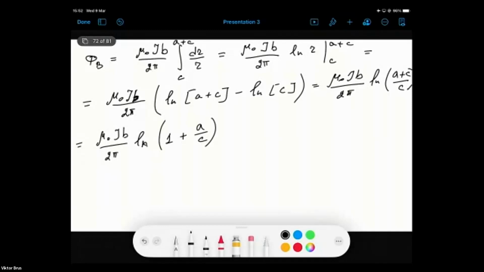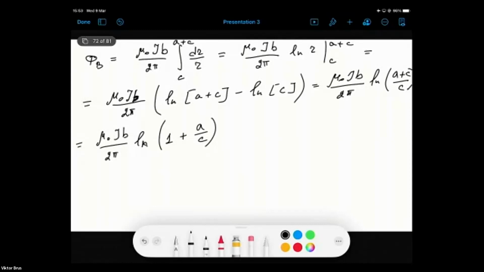Keep in mind that this integration is necessary because the magnetic field is not uniform next to a wire, so it decreases with increase of radial distance from the wire. If it were a uniform magnetic field, we would have the product of the uniform magnitude of magnetic field B with the area of the rectangular frame, which is A times B, and we would get the flux.